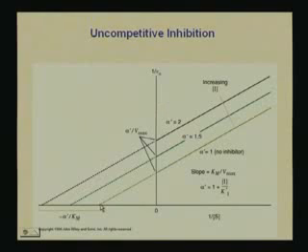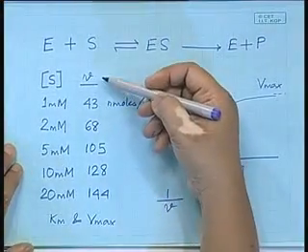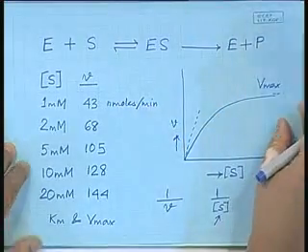Okay. Now, if we go back to the problem that we were doing in the last class, I gave you a set of V0 values and S values. So, we got a series of S values and a series of V values.